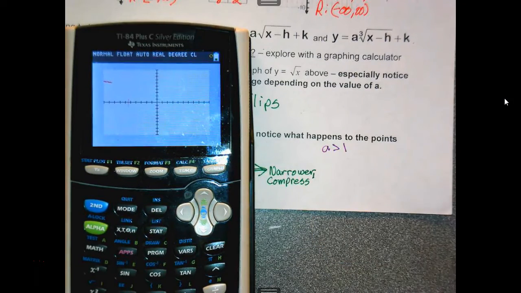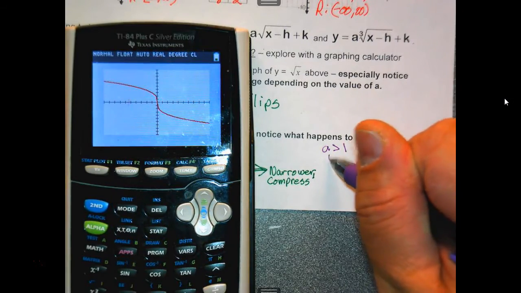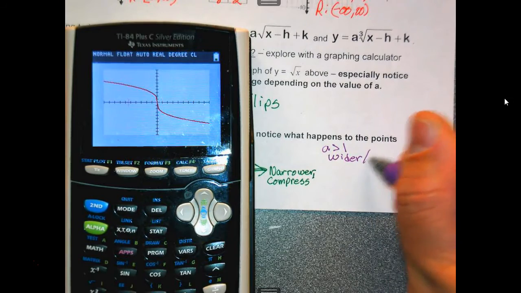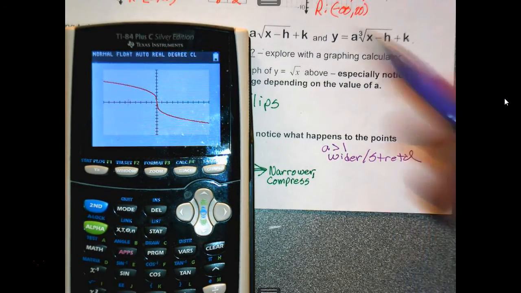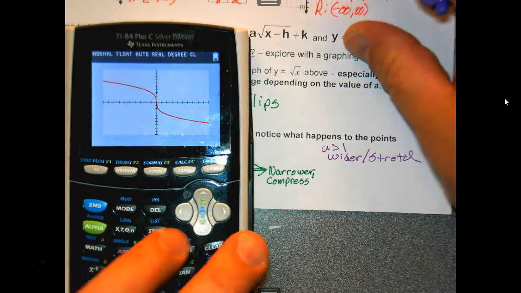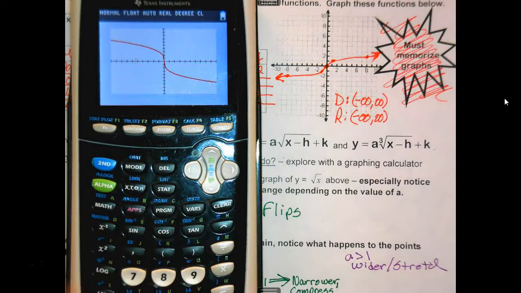The graph, and it actually pulls it apart, makes it wider or stretches. And see how that negative sign flipped our graph? Do you see it? See how it flipped it? It actually reflected it over the x-axis. Flipped it.